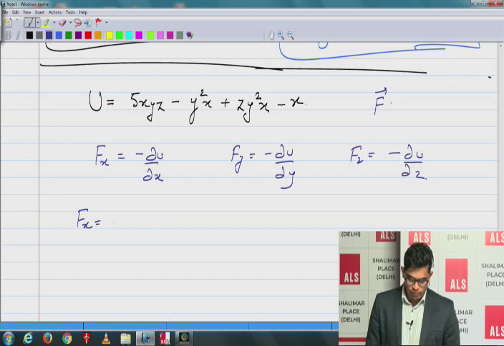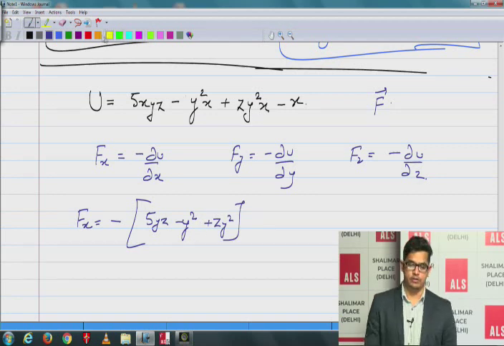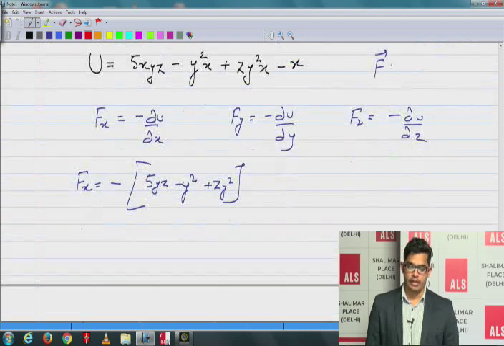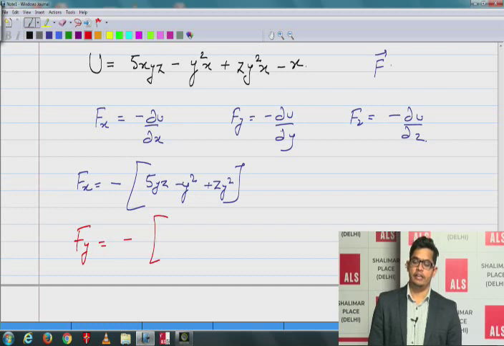Fx will be equal to minus del u by del x, which will be 5yz minus y square plus zy square minus 0. This will be Fx. Fy will be minus del u by del y.